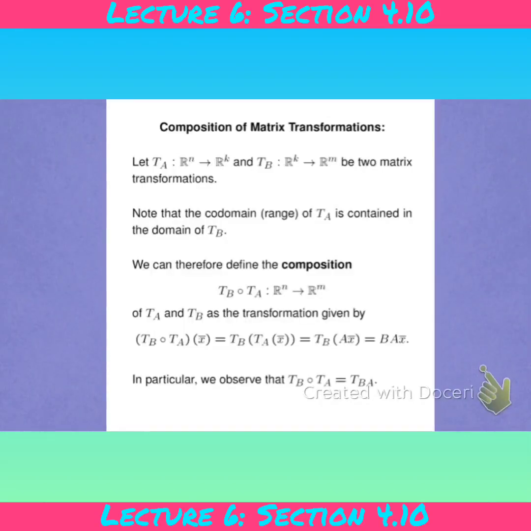Right, so now we look at compositions of matrix transformations. If you have one matrix transformation from Rn to Rk, and another transformation from Rk to Rm, then the composition of the two functions is going to be a new transformation that takes Rn to Rm.